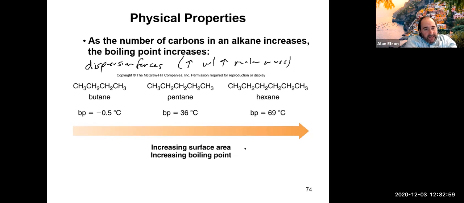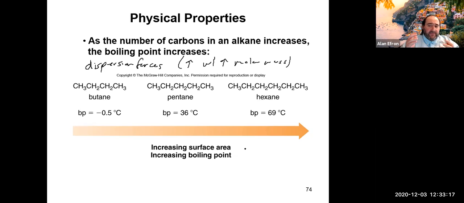You could think of it as a neutral molecule. There's no positive side or negative side. That's different than a polar molecule, where as a whole, there's unequal sharing of electrons. And what that creates is a positive side of the molecule and a negative side of the molecule.